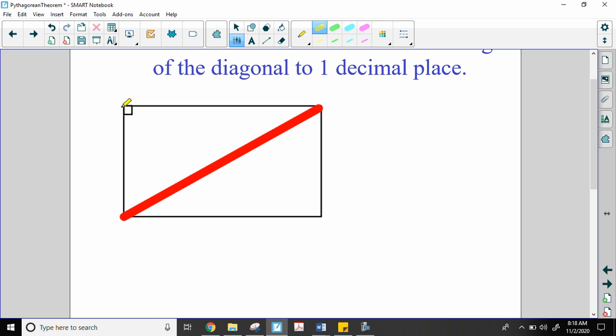It's this one, so it goes there, there, there. There's one triangle, and then there's another triangle that lives on the opposite side. And it doesn't matter which triangle you use to solve this question because they share the same hypotenuse.